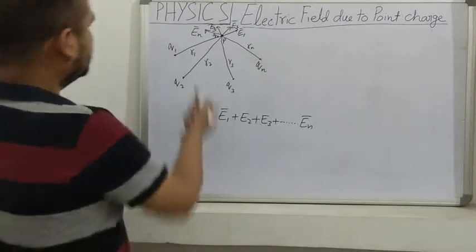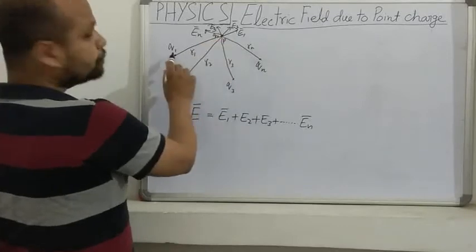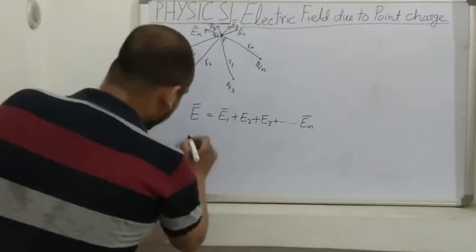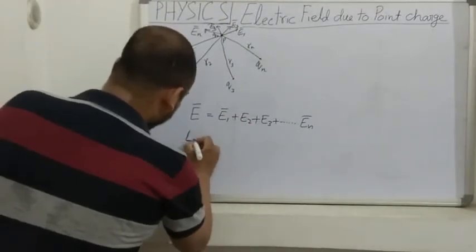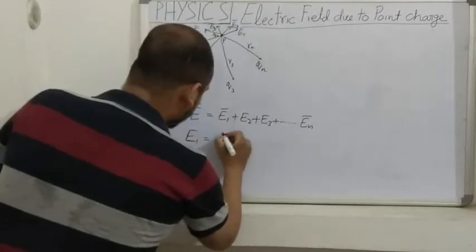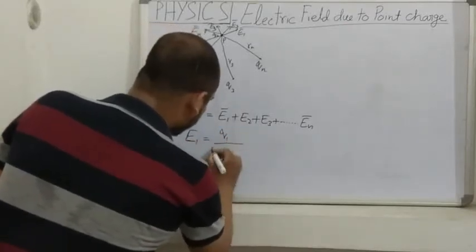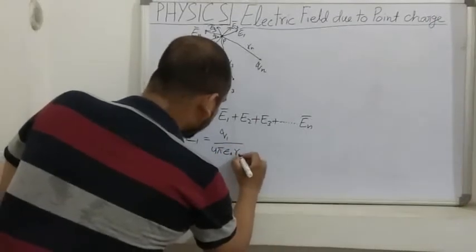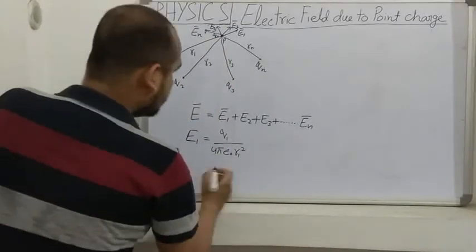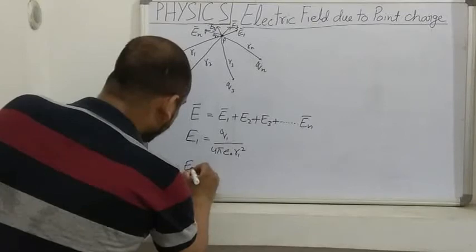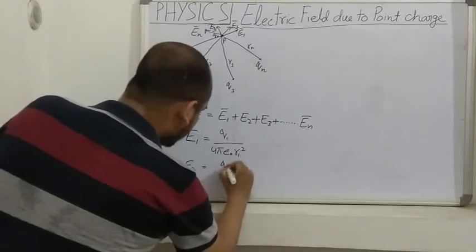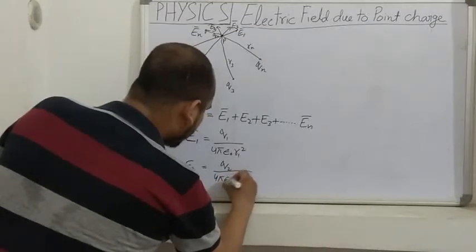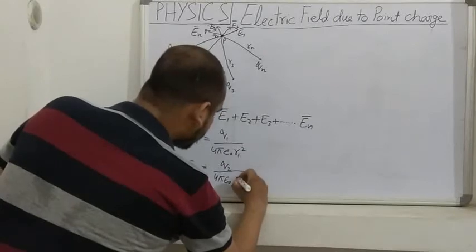E1, how will we find that? E1 is the electric field due to Q1. I have just told you the formula. According to that formula, E1 will be equal to Q1 upon 4 pi epsilon naught R1 square. Likewise, E2 will be equal to Q2 upon 4 pi epsilon naught R2 square.